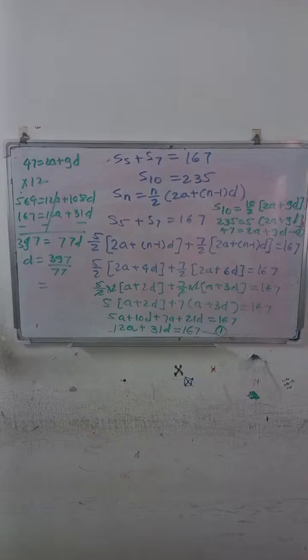Check this. I think my calculation is... 397 only, no? Correct. 108 minus 31, 77.